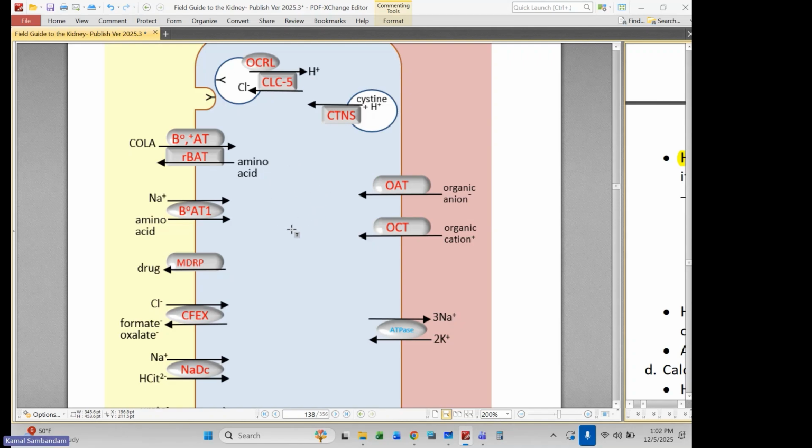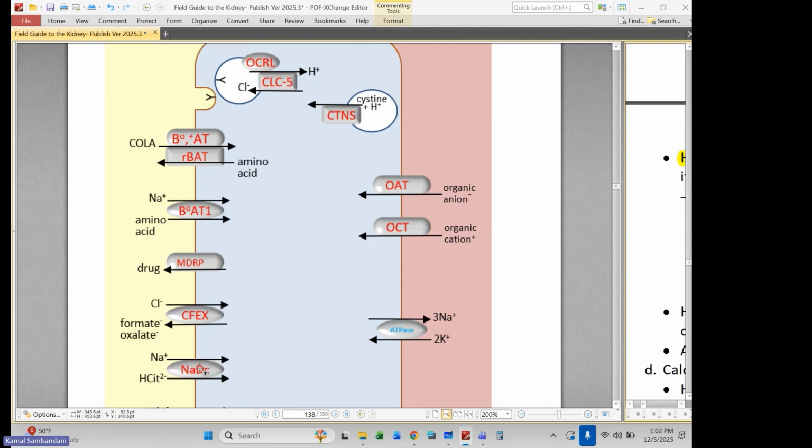We increase proton concentration inside the cell if K is leaving the cell. Okay, if proton concentration in the cell goes up, what happens to citrate lyase activity? Goes up, right? It metabolizes more citrate in the cell. So you tell me, what does K depletion do to urinary citrate excretion? It will go down, okay?